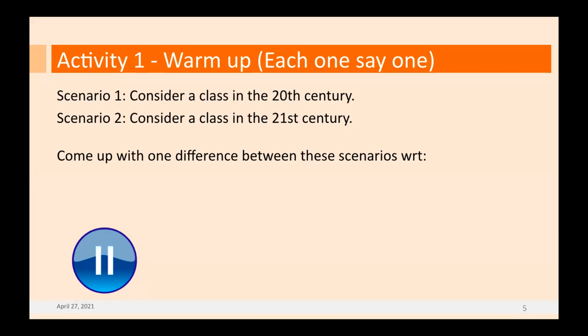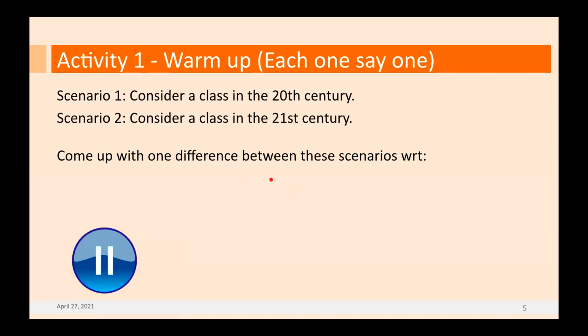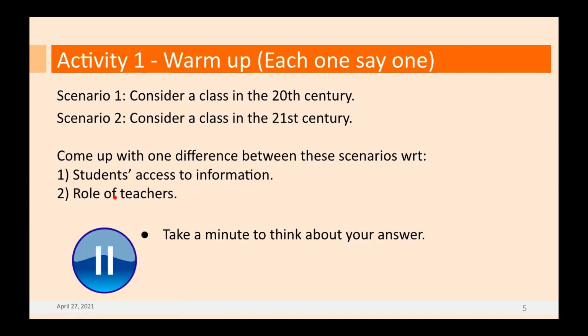I would like you to come up with one difference between these scenarios with respect to students' access to information, and with respect to the teachers' role. You can take a minute or a few seconds to think about your answer, and I want you to post your responses in the chat window. So here your time starts.